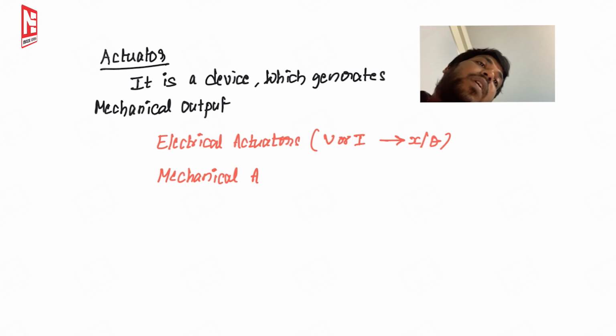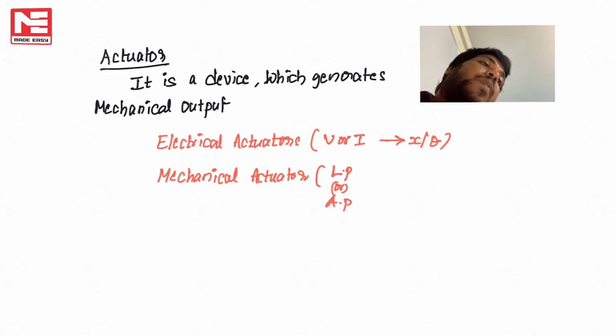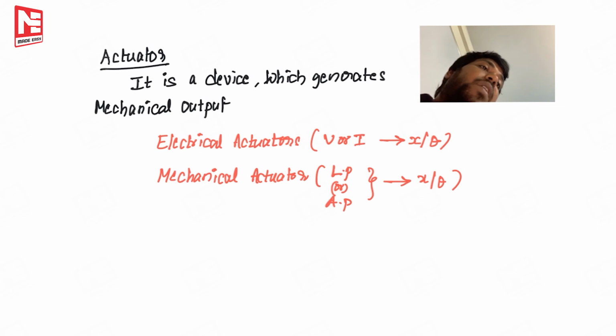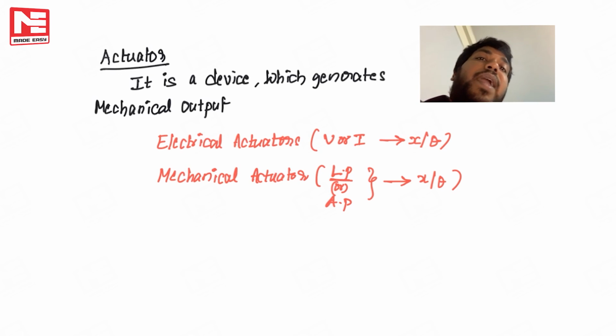These devices convert either liquid pressure or air pressure into linear displacement or angular displacement. If liquid pressure energy is converted, it is called a hydraulic actuator. And if air pressure is converted into mechanical output, it is called a pneumatic actuator.